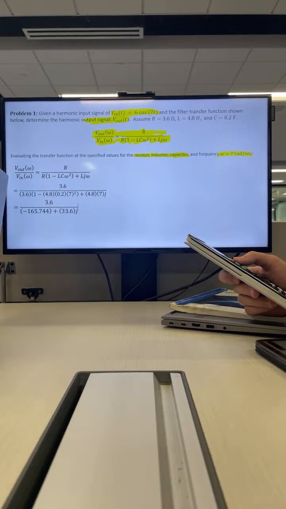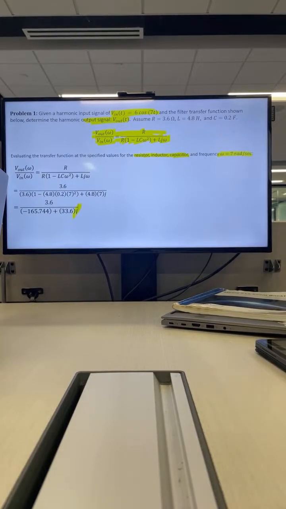I have only the j here. So this is a complex number. Now, from your practice with complex numbers, you know how to calculate the magnitude and the phase angle. The magnitude is the root of A squared plus B squared, the real part squared plus the imaginary part squared, of the numerator and of the denominator. Do you agree?